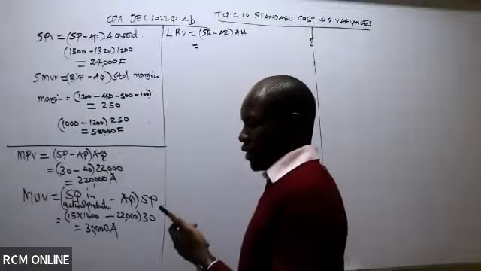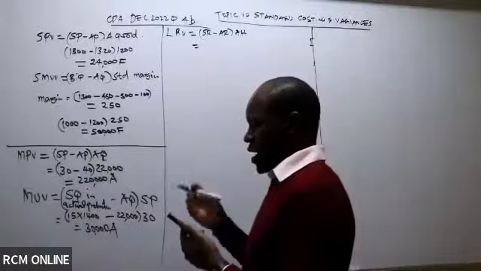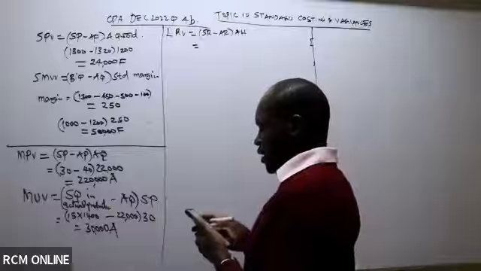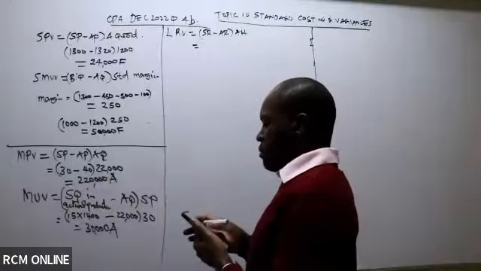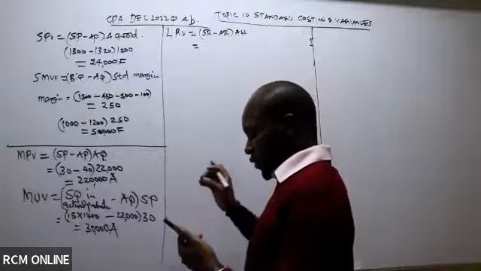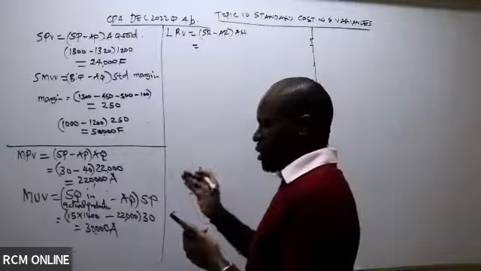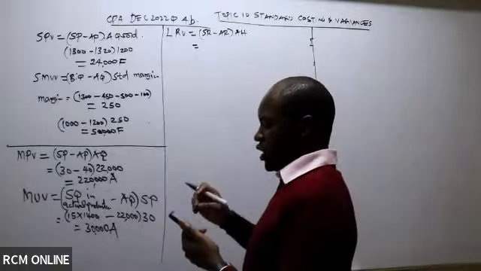Where did the 15 come from? The first table there, the standard cost card, tells us Quota Limited manufactures and sells a single product branded TT with a standard cost of 1,100 made up as follows. Number one, direct materials, 15 square meters at 30 shillings per square meter.